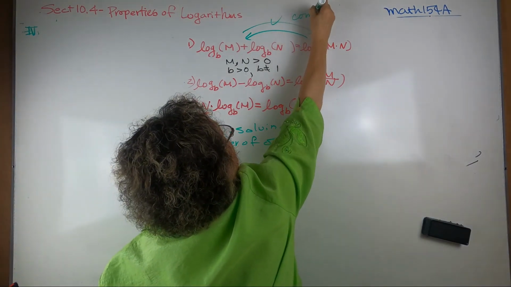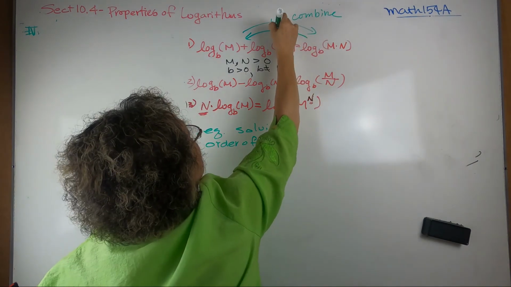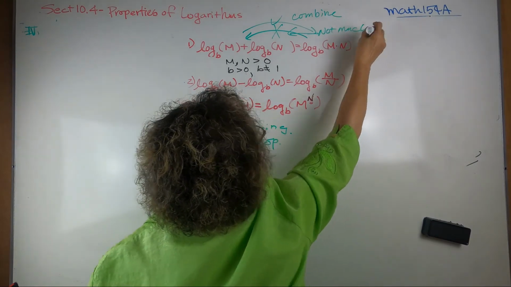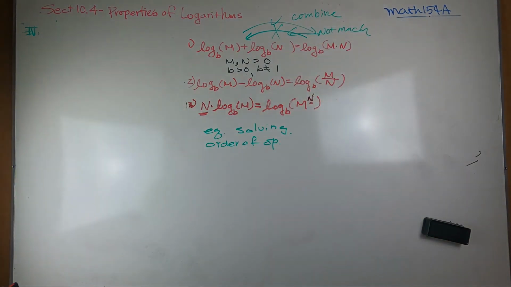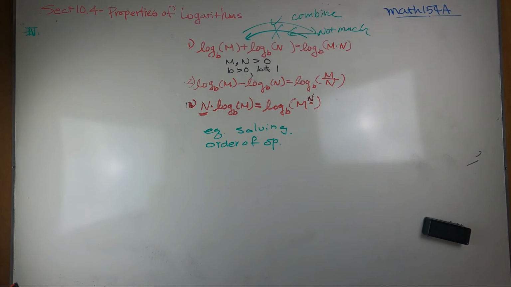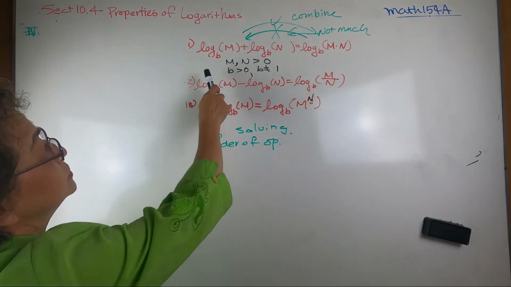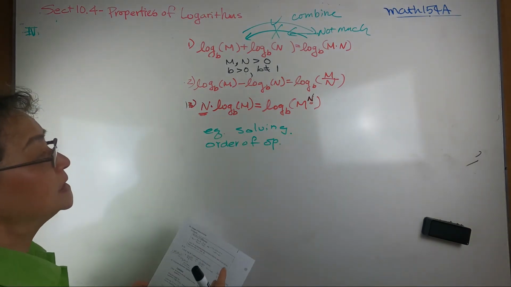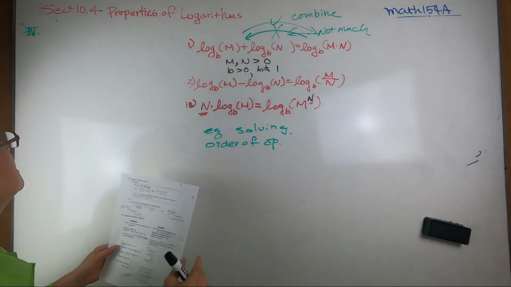For combining, okay, we don't do this much anymore, we don't break down to little ones anymore. But since you can do one way, you should be able to do the other way as well. So it shouldn't be any problem. Okay, let's do the addition, subtraction and multiplication to make a single log.